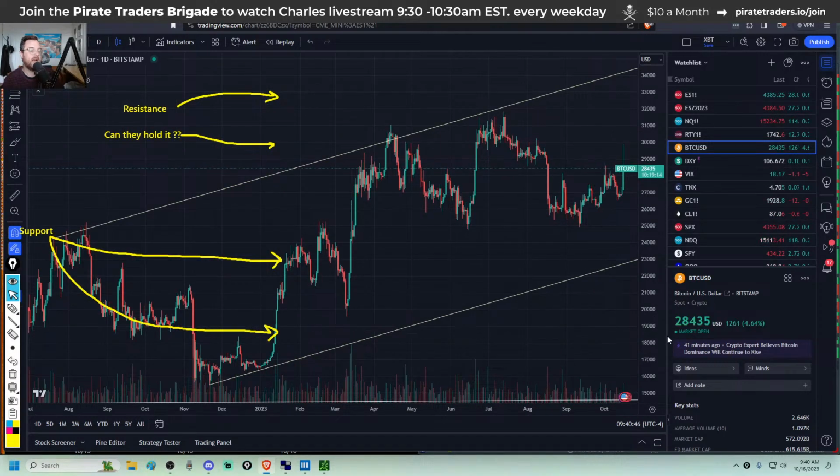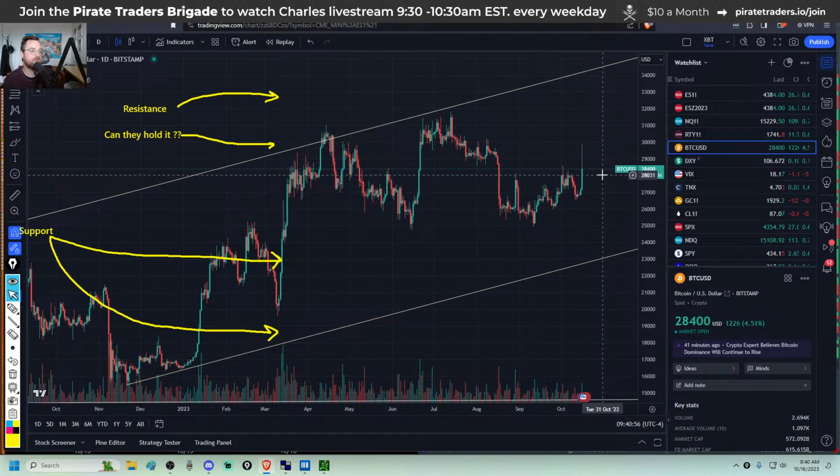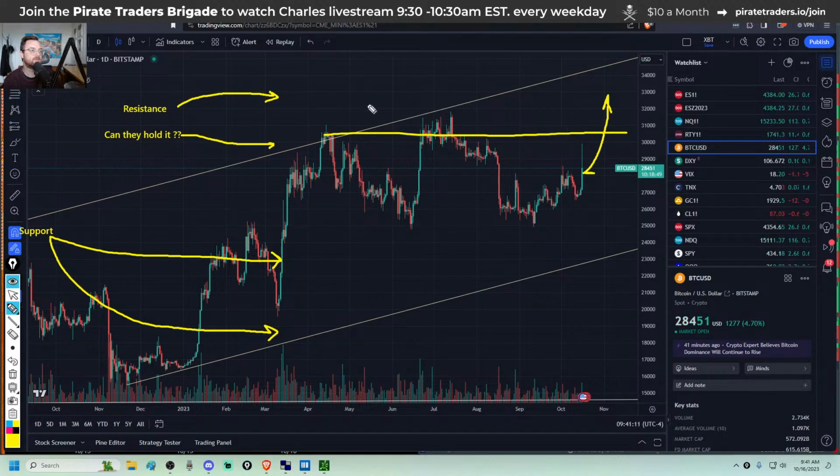Yeah, so you talk about balance and excess, man. BTC is in quite a balance area. I would say if they can hold, they'll come back down, they'll test 2,800. If they can hold that, I would get bullish at 2,800 for a move up towards the 32s to test the resistance up here.